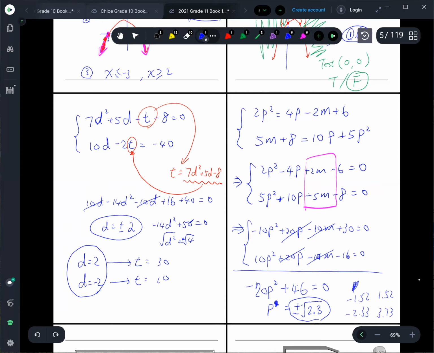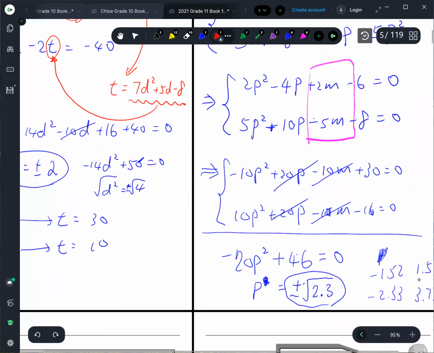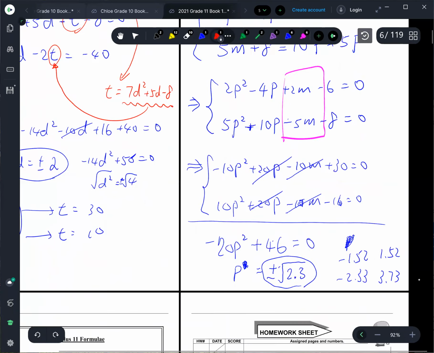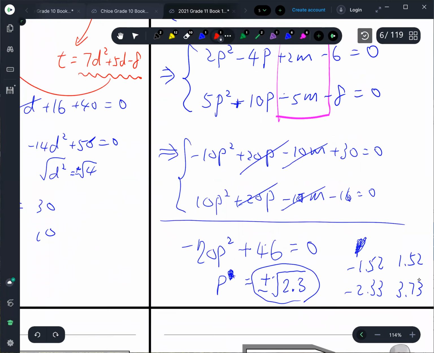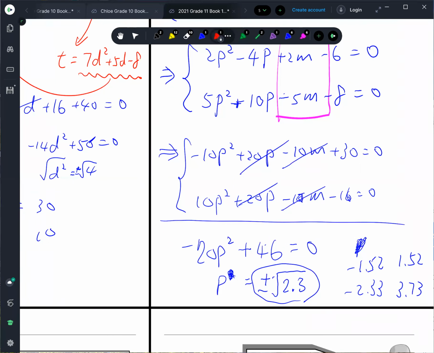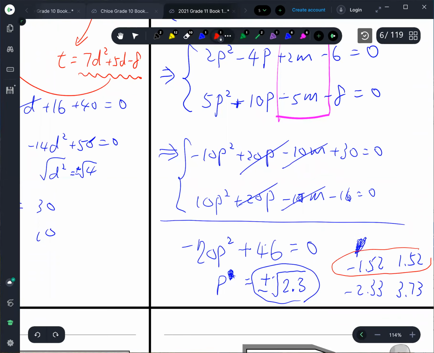Okay, what is square root of 2.3? Negative 1.5, 1.52, right? So these ones are the p. These ones are the m.